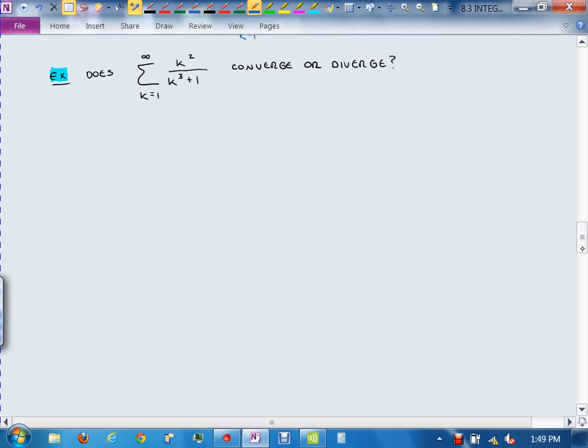Does this converge or diverge? Let's rule out some things first of all. What's the limit as k goes to infinity? What I'm doing is looking at the sequence inside, and saying, where does that go? Let k get big. Where does it go? Infinity over infinity? Can you do L'Hopital on this?